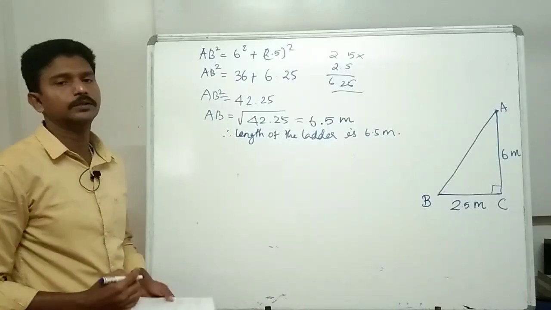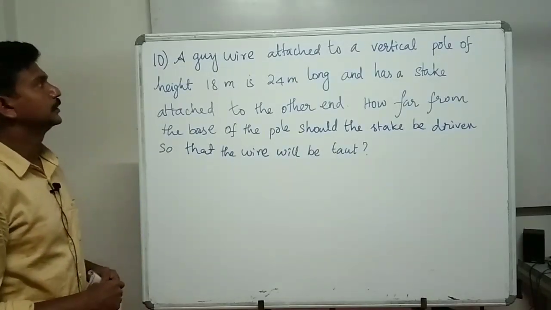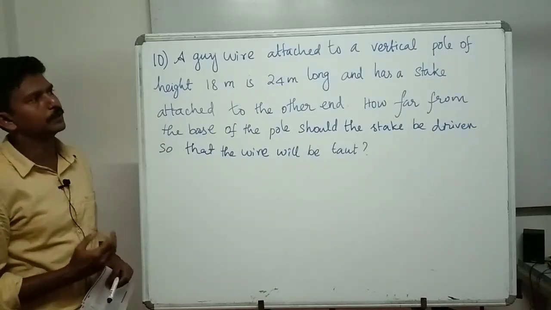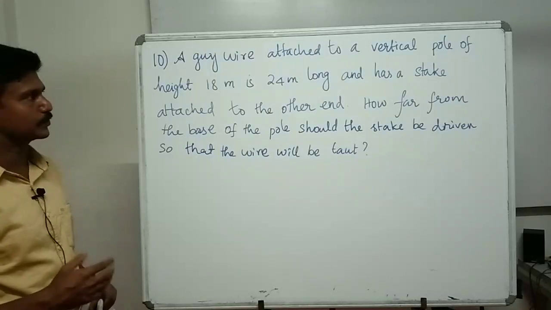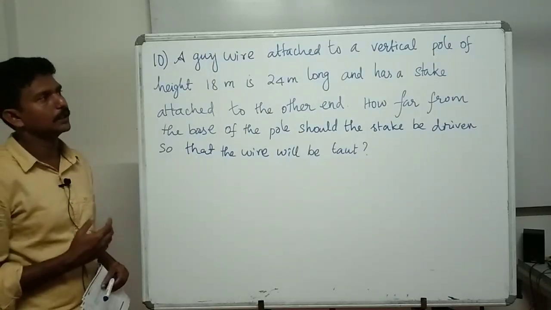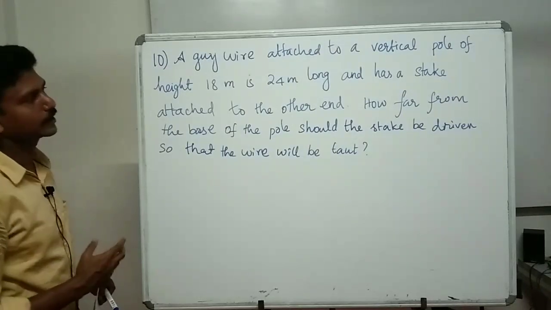So you can copy this. Question number 10. A guy wire attached to a vertical pole of height 18 meters is 24 meters long and has a stake attached to another end.